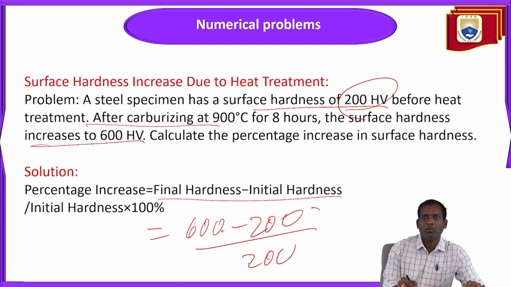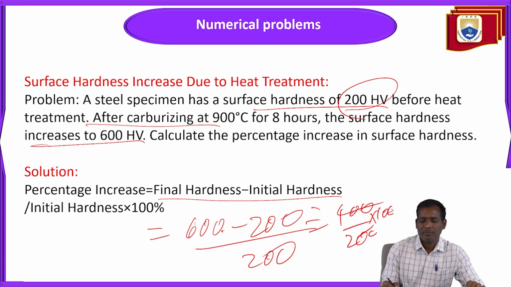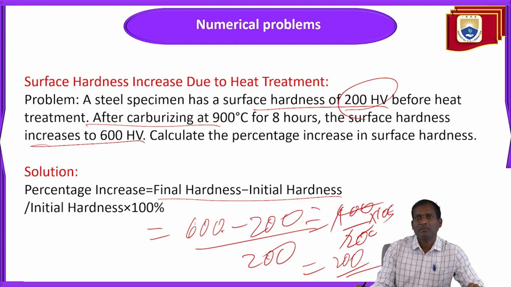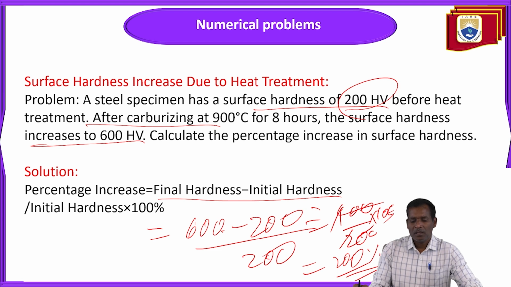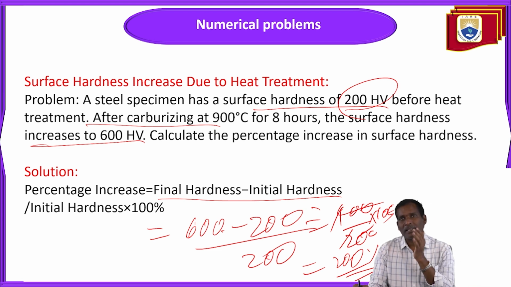So 600 minus 200 is 400, divided by 200, multiplied with 100 in percentage, so 200. First calculate the percentage increase. Clear? So you will get the enhancement after heat treatment.